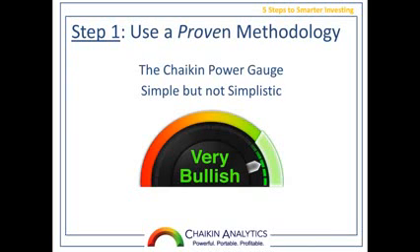So let's start looking at these 5 steps. The first is to use a proven methodology. And for us at Chaikin Analytics, and for Sandy particularly when she went on her journey from novice to knowledgeable, the Chaikin Power Gauge is the centerpiece.